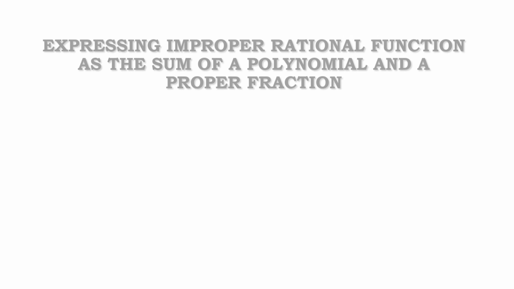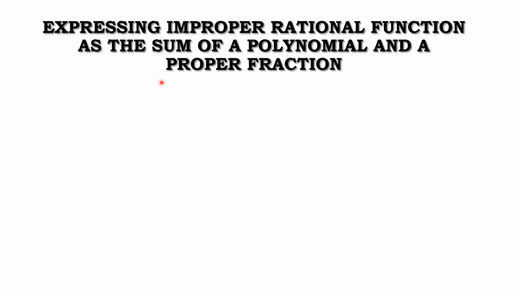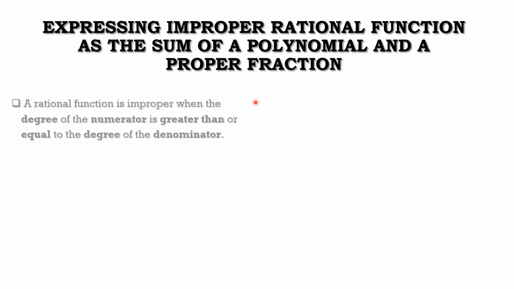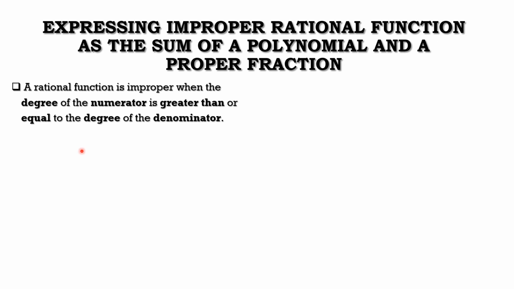Now the next thing for us to do is to know how to express an improper rational function as a sum of a polynomial and a proper fraction. So now, what we have to remember is that a rational function is improper when the degree of the numerator is greater than or equal to the degree of the denominator, as we've learned earlier.